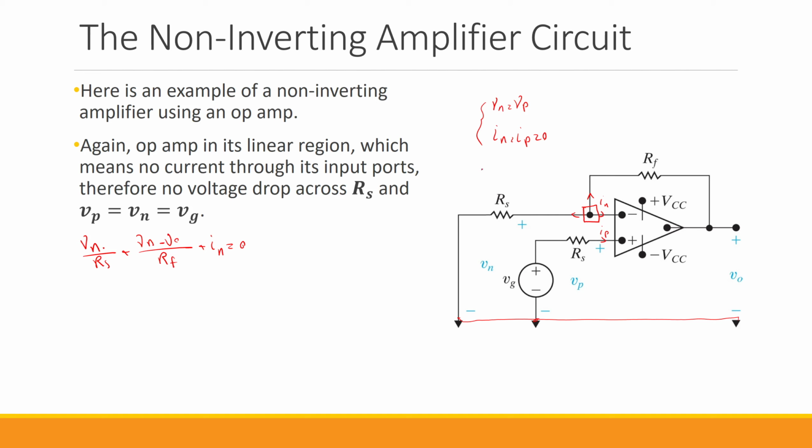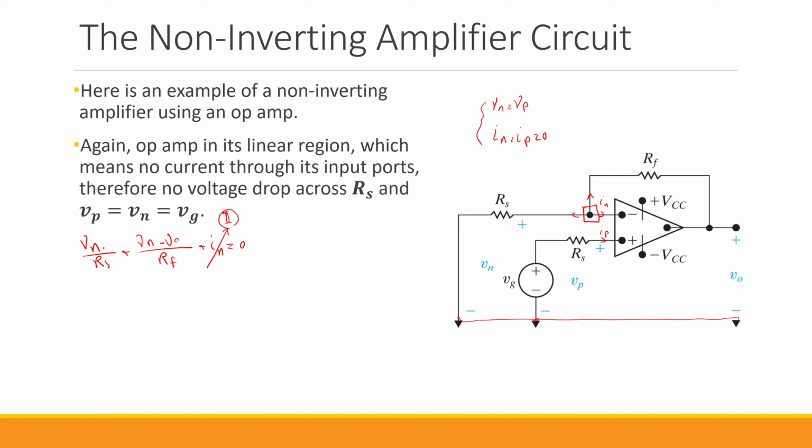So we know from the second constraint that this equals 0. And we know from the first constraint that Vn equals Vp, right? But unlike the previous circuit, since Vp is not directly connected to ground, we cannot say Vn is also 0, right?